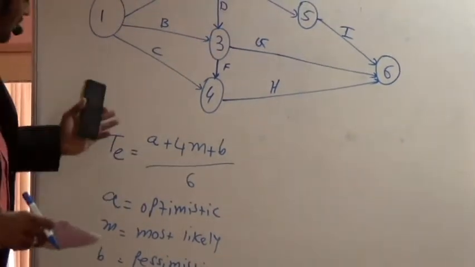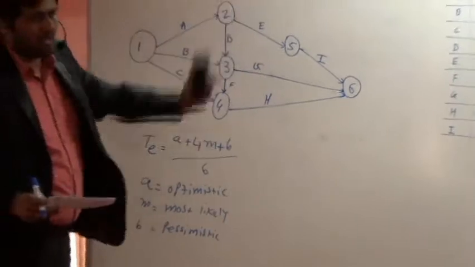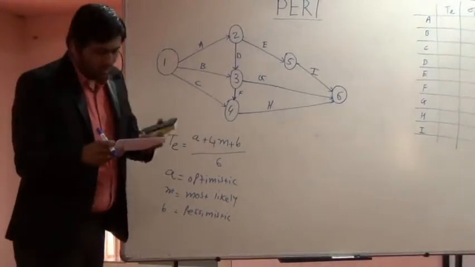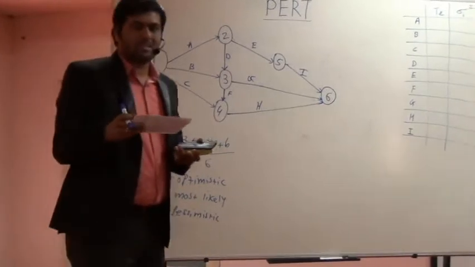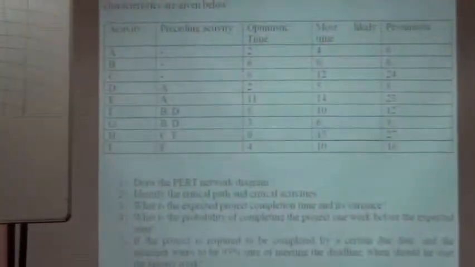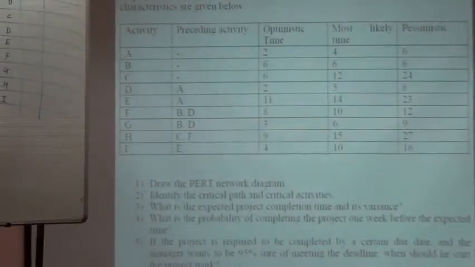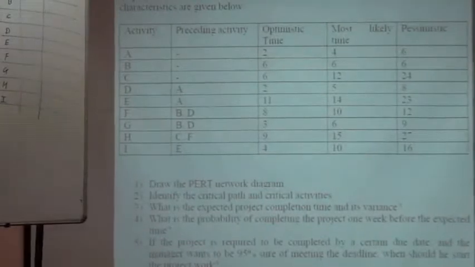If you put the values of each activity in the formula, let us start with the first one, A. For A, the optimistic time is 2, so that is 2 plus 4 times the most likely time of 4, which is 16, so 2 plus 16 is 18, plus 6 is 24. 24 divided by 6 is 4.